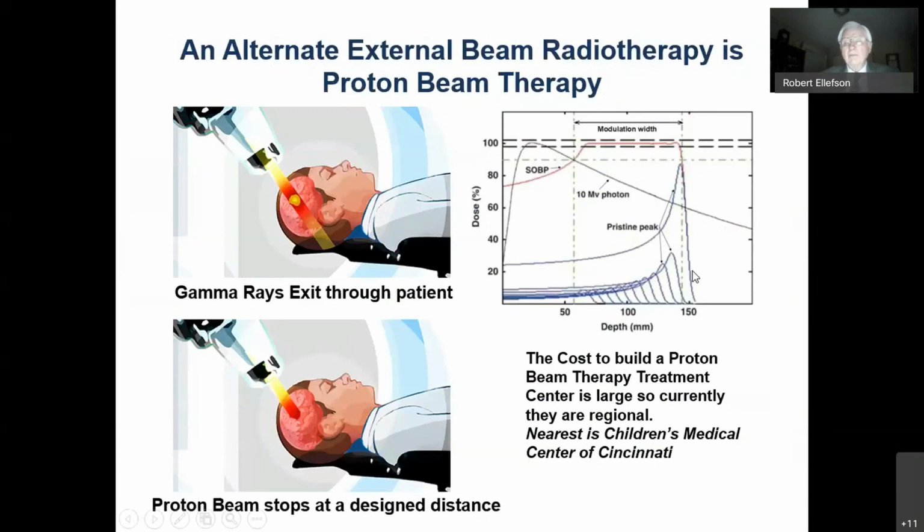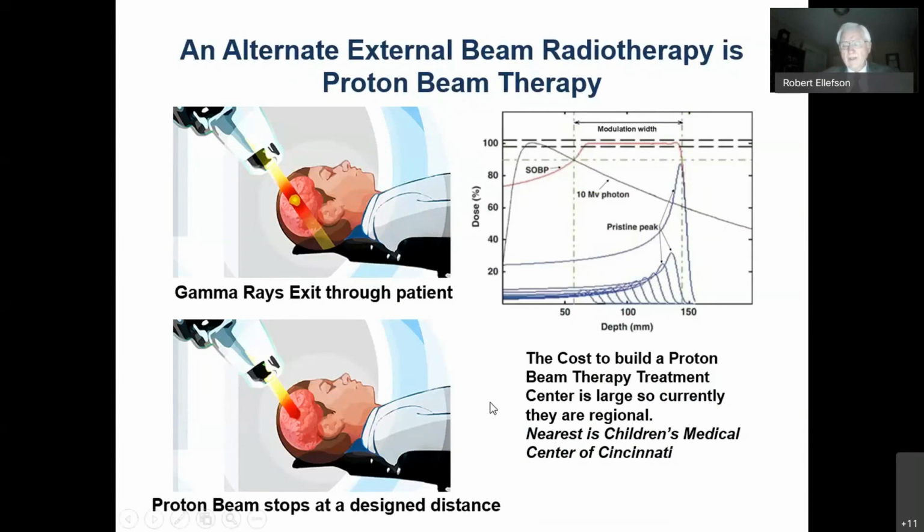The idea of a proton is that it deposits its energy here, and then it stops. Very little straggling beyond here, and then you can stop with the tumors here once you know that you've covered the whole volume of it. So here it shows that the proton beam stops at the designed distance.